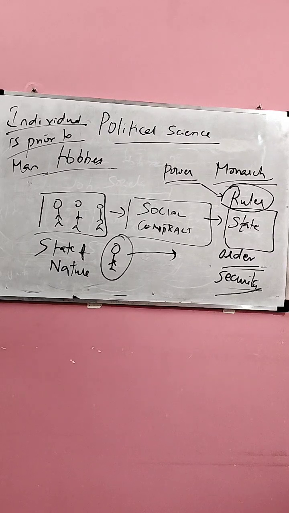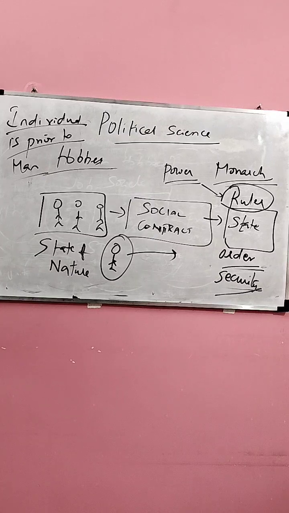In the earlier period, the divine theory and organic theory were predominating. Divine theory and organic theory held the view that state is prior to man. But liberal theory, contributed by the natural rights and social contract, tells that individual is prior to the state. It is the individuals who are creating the state and not the other way around.